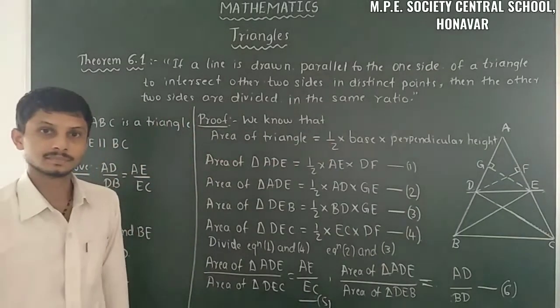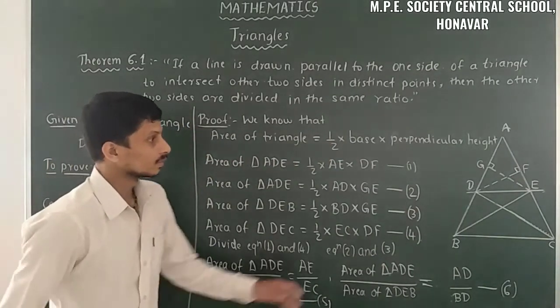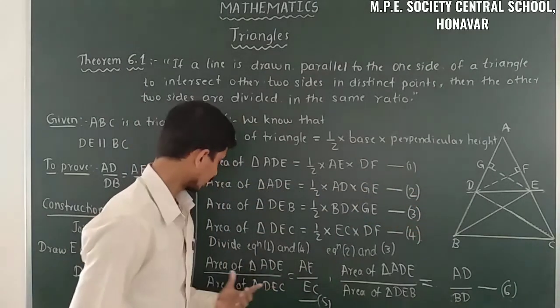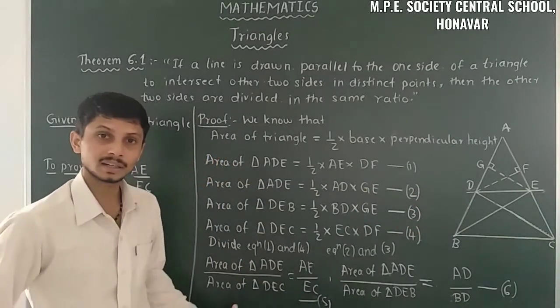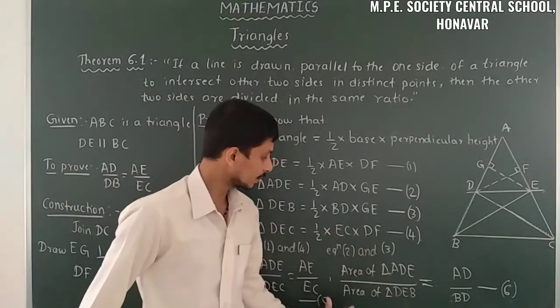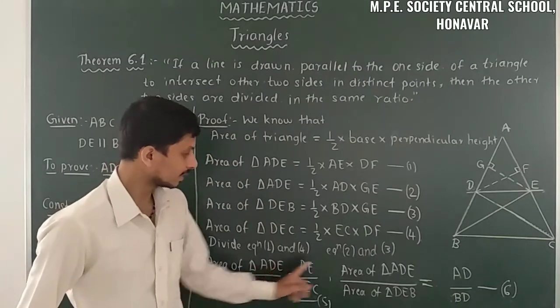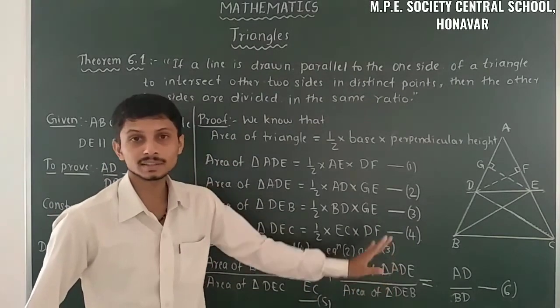So then just observe, we have a relationship here, that is area of triangle ADE by area of triangle DEC and area of triangle ADE by area of triangle DEB. The numerator is the same for both.